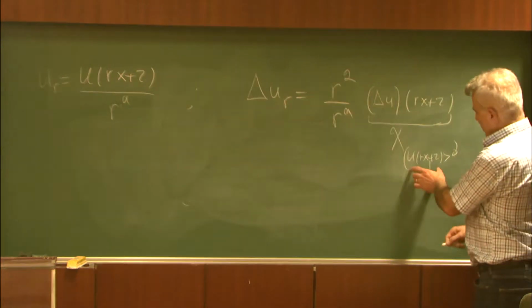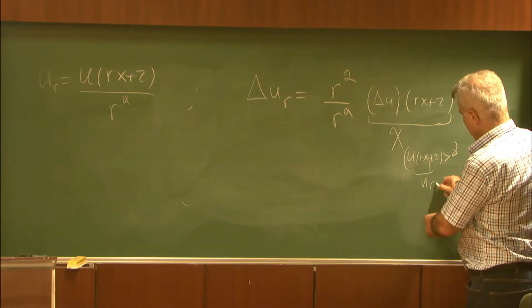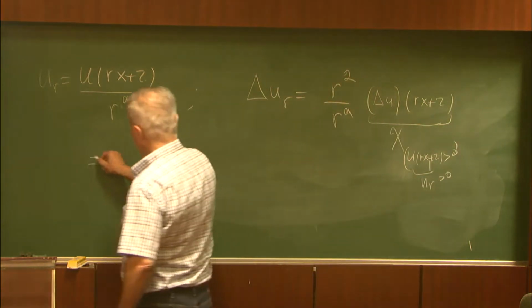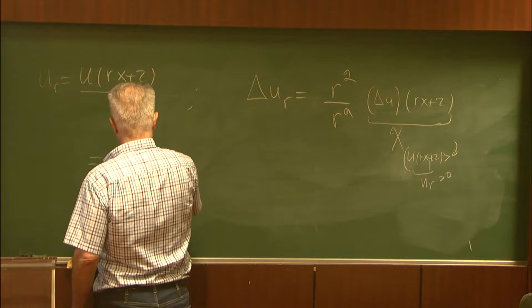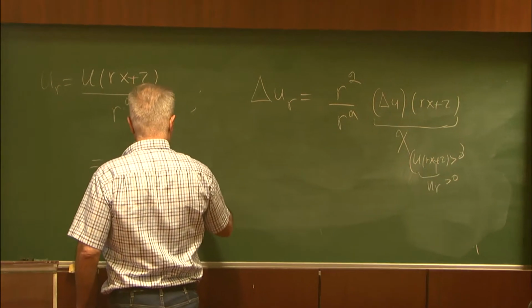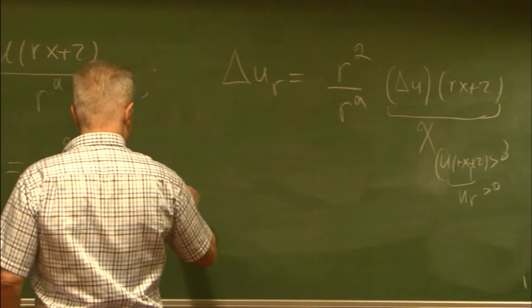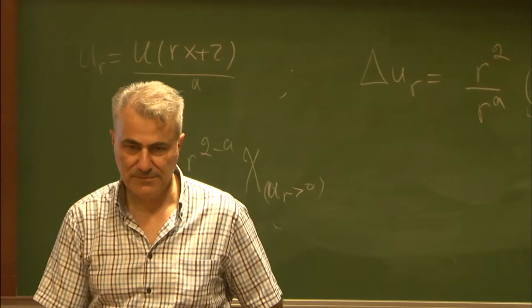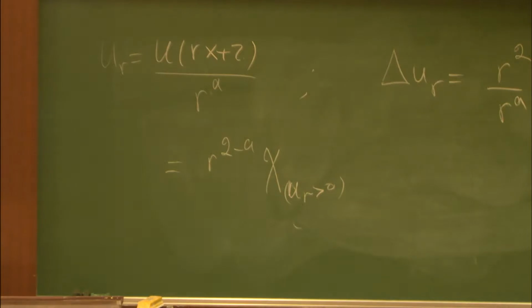You can rewrite this, it's the same thing. So what you have is equality with R^(2-A) times the characteristic function of U_R positive. So this is what you get. You compute it, this is exactly the answer. The question now is, what should A be?